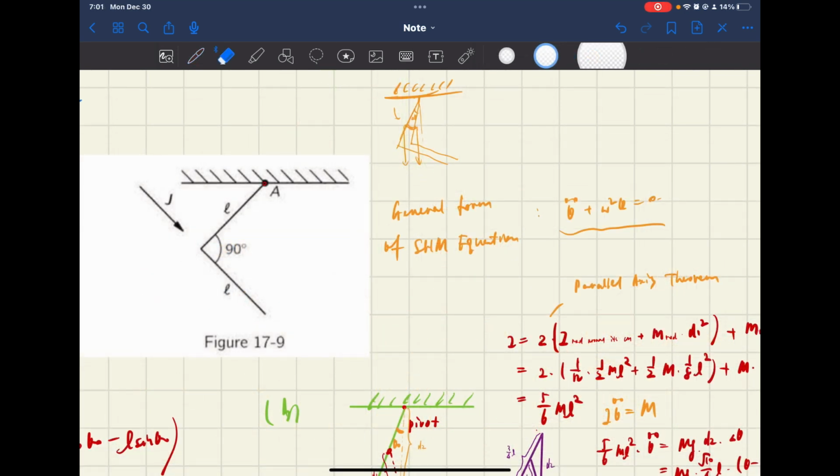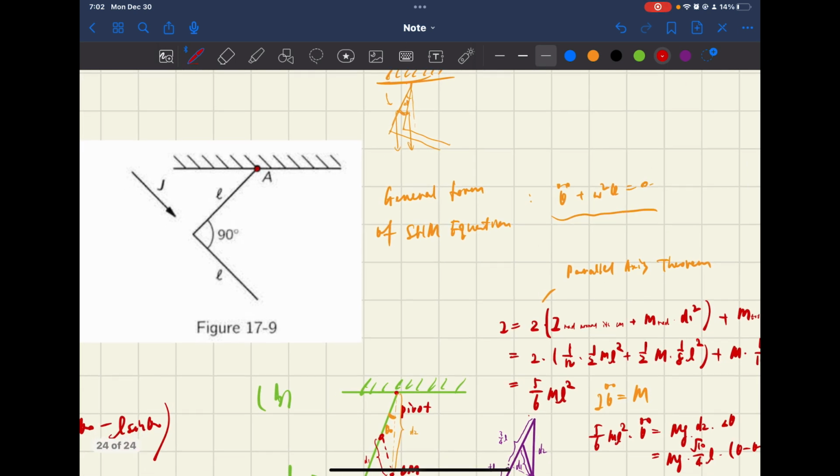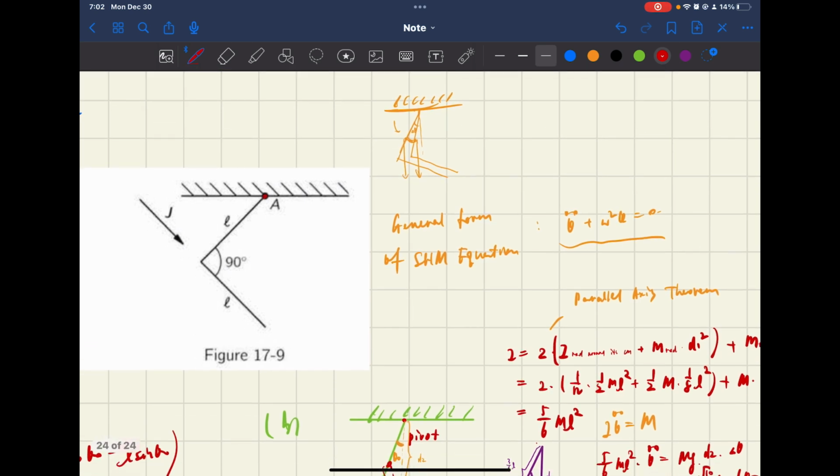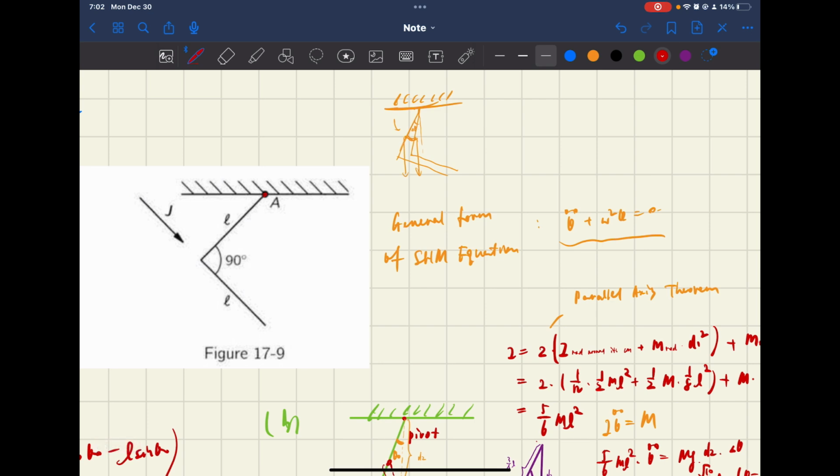The parallel axis theorem I just talked about will help us calculate the moment of inertia of this L-shaped rigid body rotating about this axis through pivot A. Actually, we're applying the parallel axis theorem twice. The reason we use this theorem is that we cannot effectively calculate the moment of inertia directly from the definition, the integral of r squared times dm.